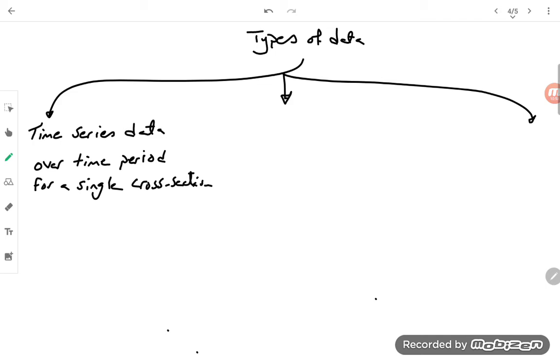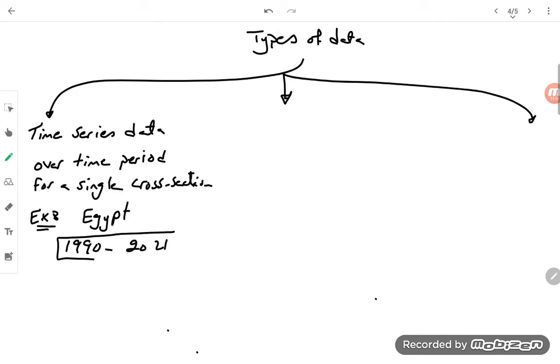So, for example, we are going to collect data for the Egyptian economy. So this is only one cross section, which is Egypt, over the period from 1990 to 2021.